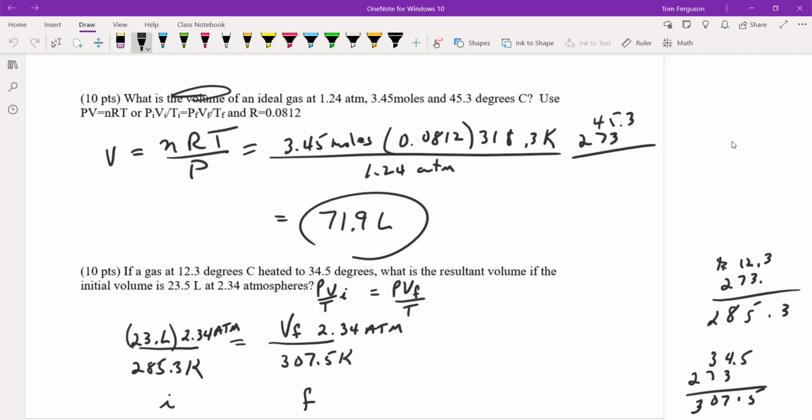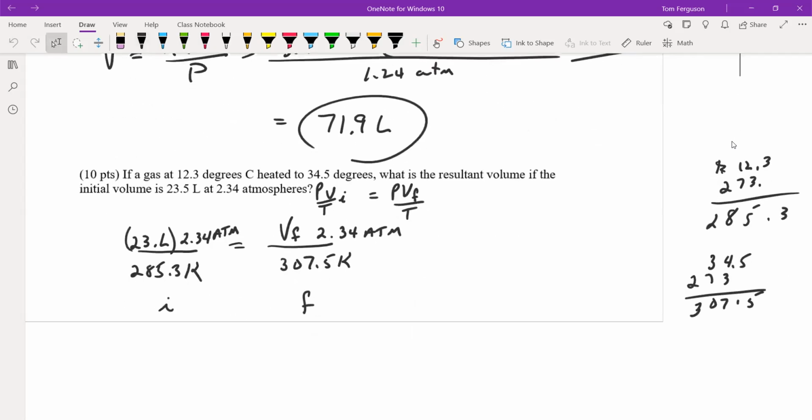So if we cross multiply the 307 over to here, that'll isolate the V. If we multiply both sides by 307.5, the 307s cancel.